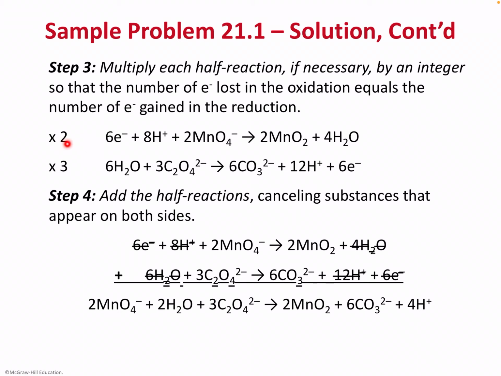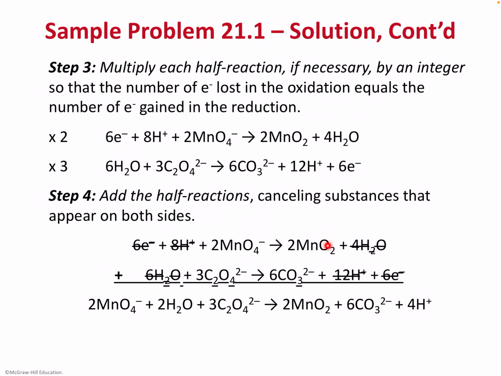You multiply this one by 2, and everything needs to be multiplied by 2. So the electrons would be 2 times 3, 6. 8 H plus, 2 manganate, 2 manganese oxide and 4 water. And the other equation, the second one, we need to multiply by 3. So 6 water, 3 oxalate, 6 carbonate, 12 H plus, 6 electrons.